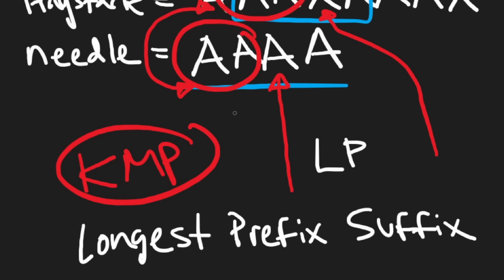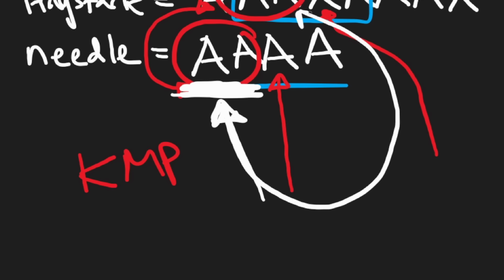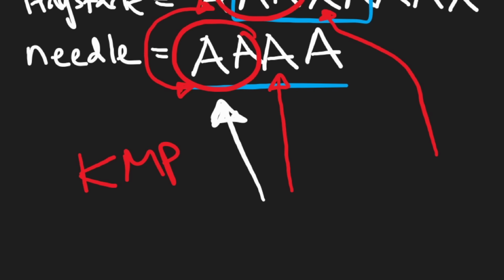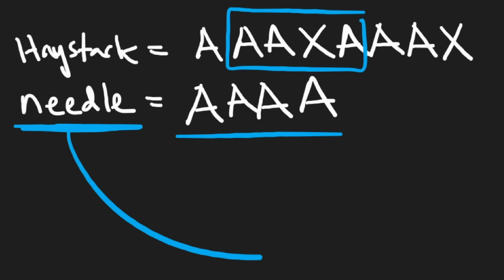Basically, that's what's going to allow us to somehow intelligently take this prefix and already know that we don't have to read through this again because it already matched a portion of the haystack.